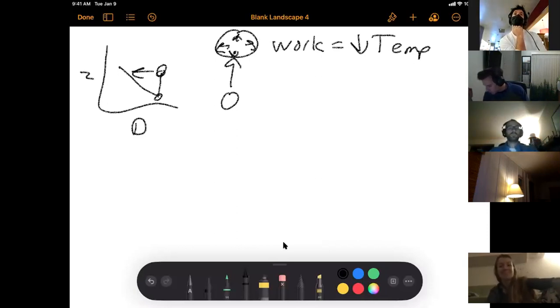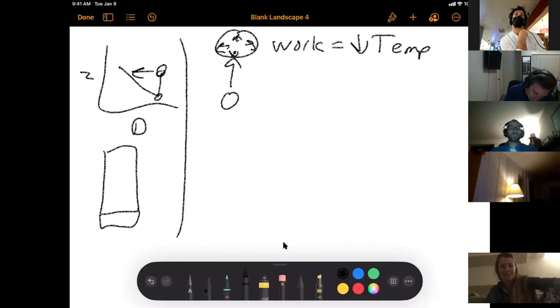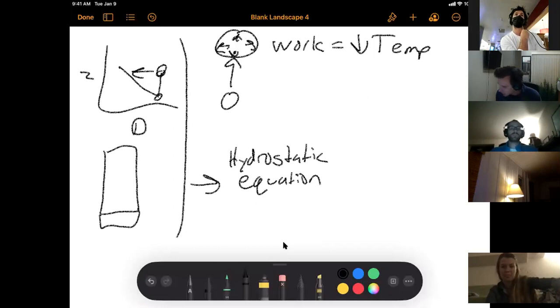Now, if we take that stuff with this column here, all of this stuff right here is called, that is the hydrostatic equation.